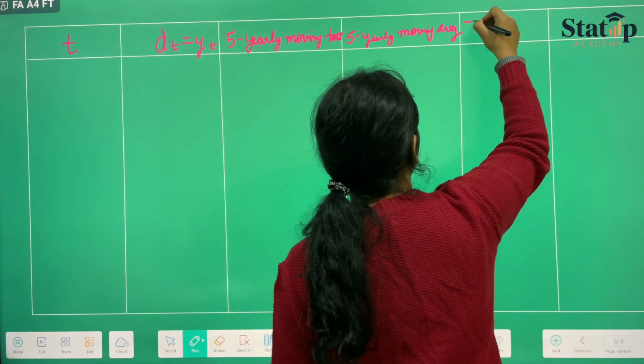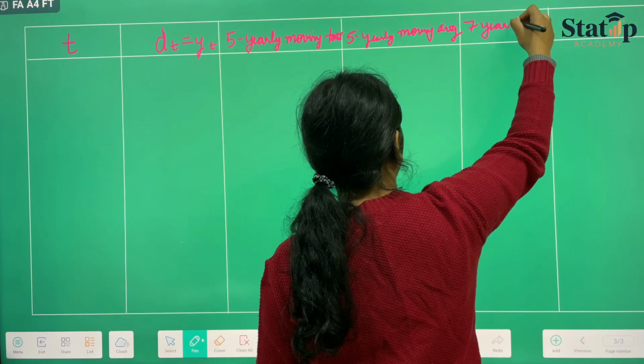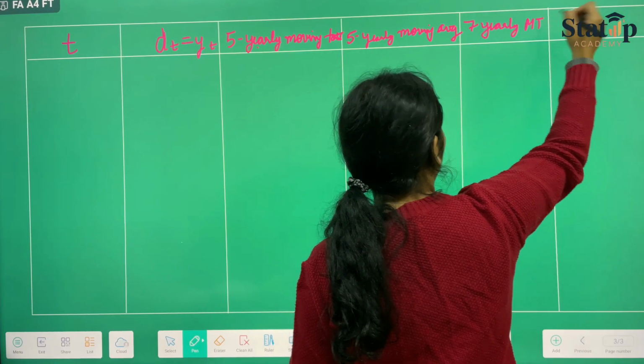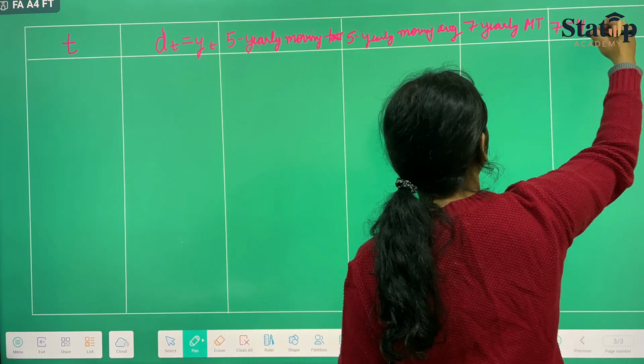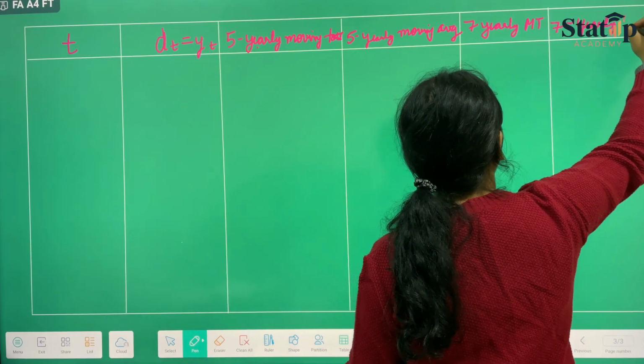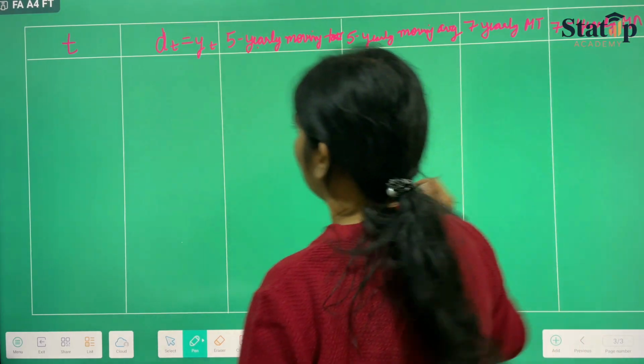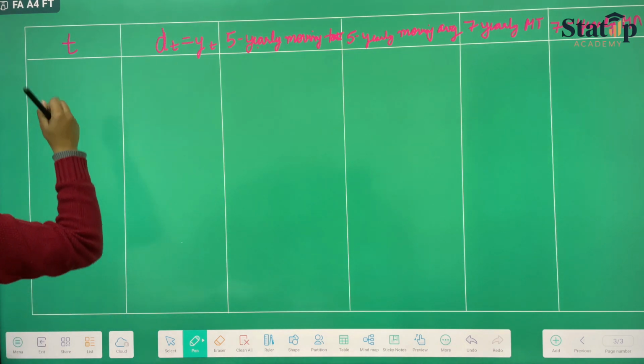Here we will calculate 7 yearly moving total, and here we will calculate 7 yearly moving average.